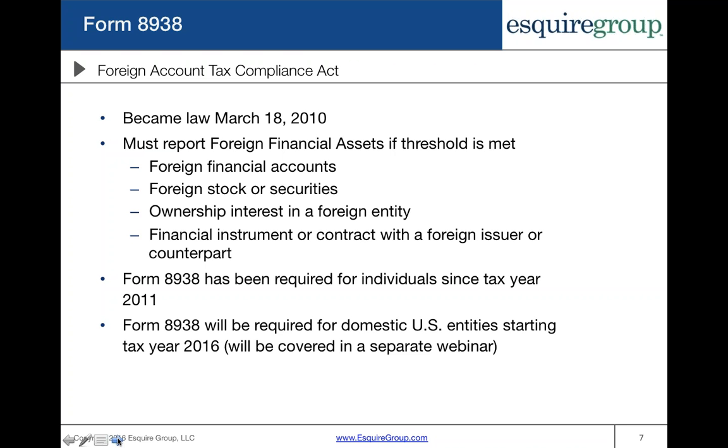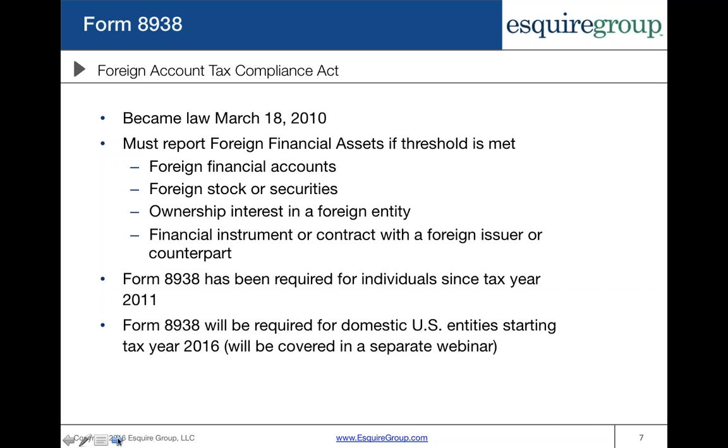Form 8938 is used to report foreign financial assets. Now, foreign financial assets include foreign financial accounts. So we were talking about the FBAR. We went through the definition of foreign financial accounts and what those are.